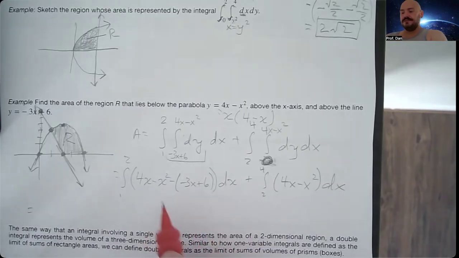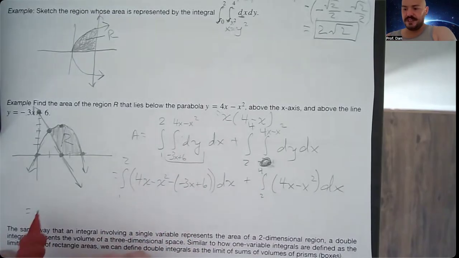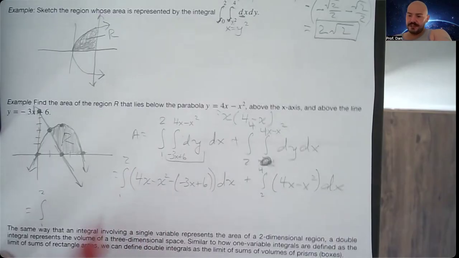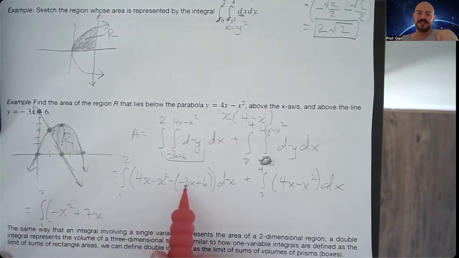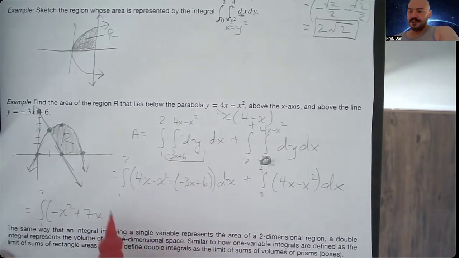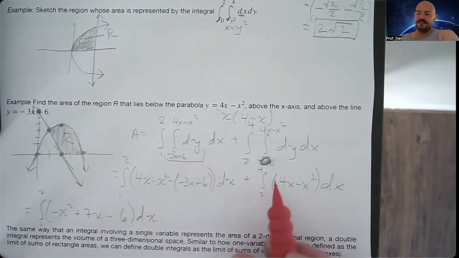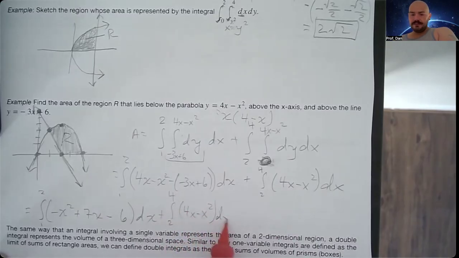Going to the next one, we can simplify this a little bit before we take the antiderivative. So combining like terms, I'll get negative x squared plus 7x, minus the minus gives me plus, minus 6. All right. And then for the other piece, there we go. Okay.